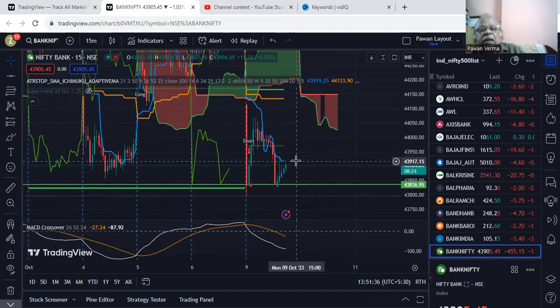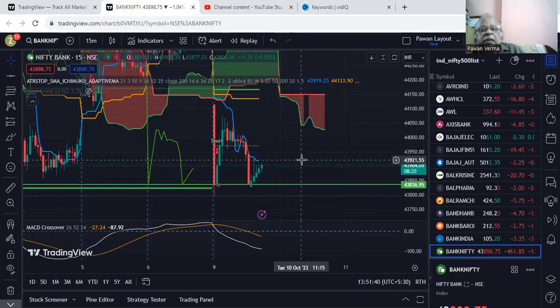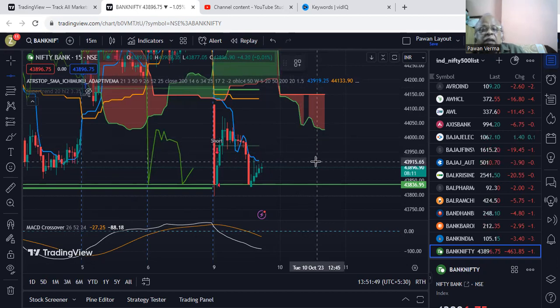Or if the index value stays above the Senkou Span level. What is the Senkou Span level? 43,990.